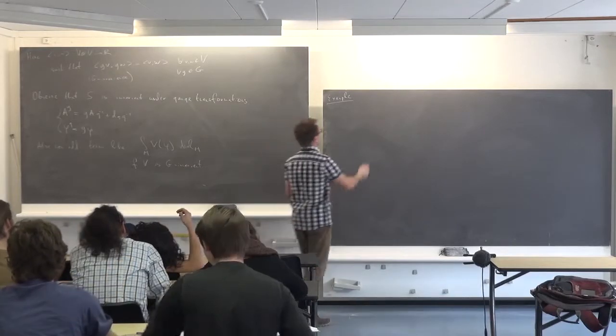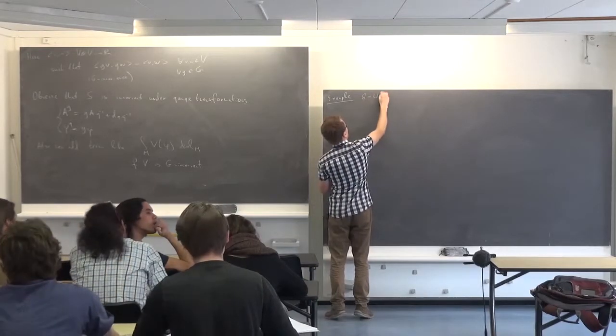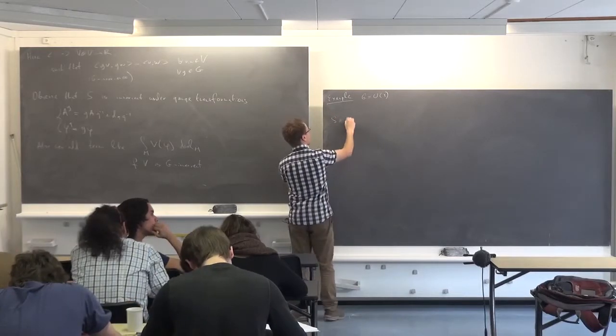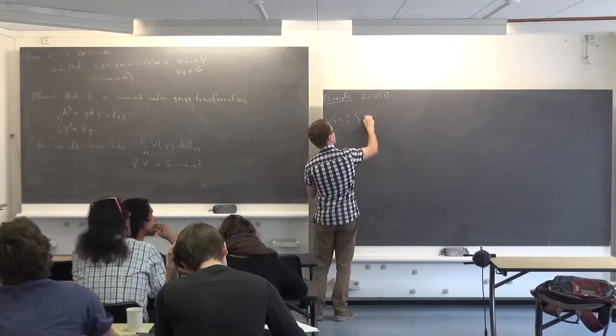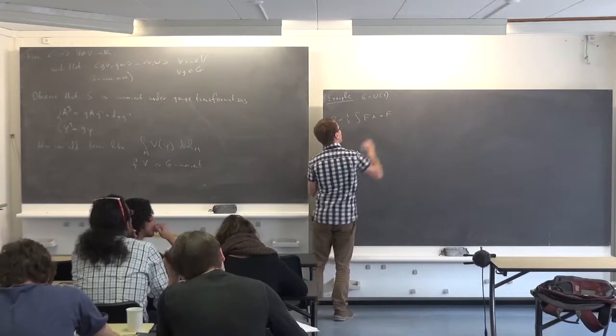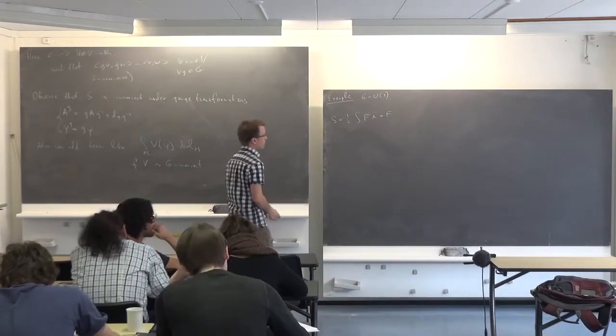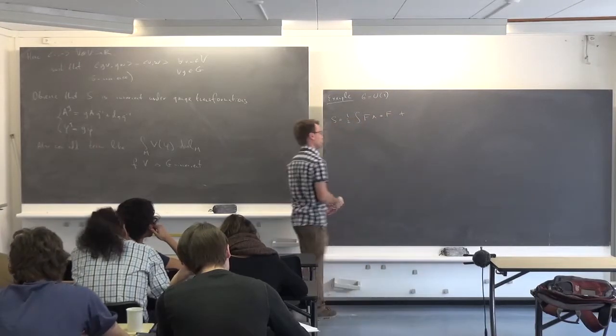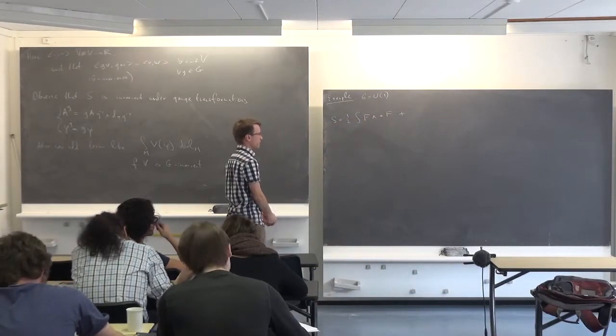Okay, so in this case, the group is U(1). And so the action looks as follows. It's F wedge star F. There is no trace because it's just a one-dimensional Lie algebra.